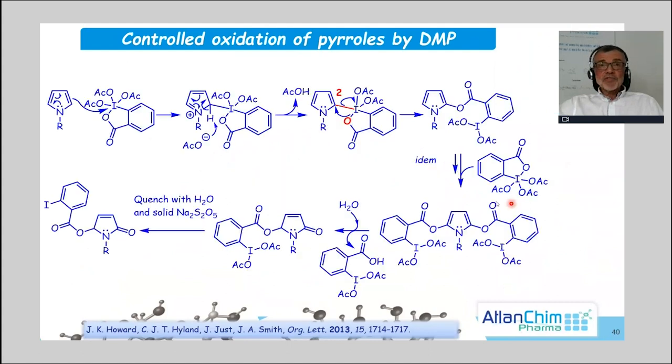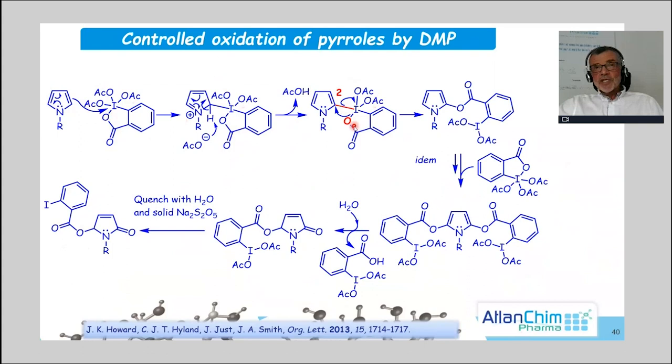To explain the formation of this pyrrolinone core, it has been proposed that the electrophilic aromatic substitution of pyrrole by Dess-Martin's reagent on the iodine atom here provides this Wheland-type intermediate, which by rearomatization gives this 2-substituted pyrrole.